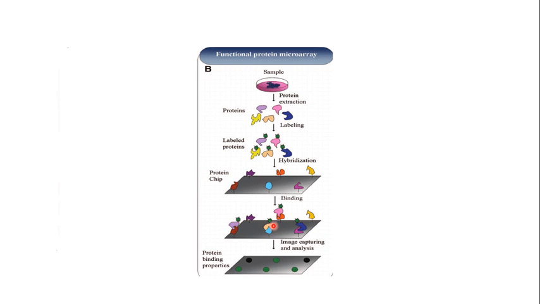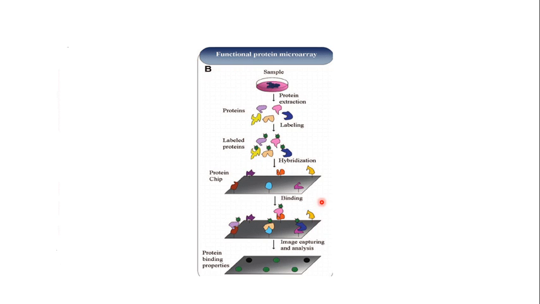So as you can see over here, from this particular lysate, this protein, this one, this protein, and this protein are actually interacting with these specialized proteins, and you can say that in your sample there are proteins which can interact with these proteins but not with these other proteins, because if there is no protein interaction, you are not going to get any fluorescence on these spots.